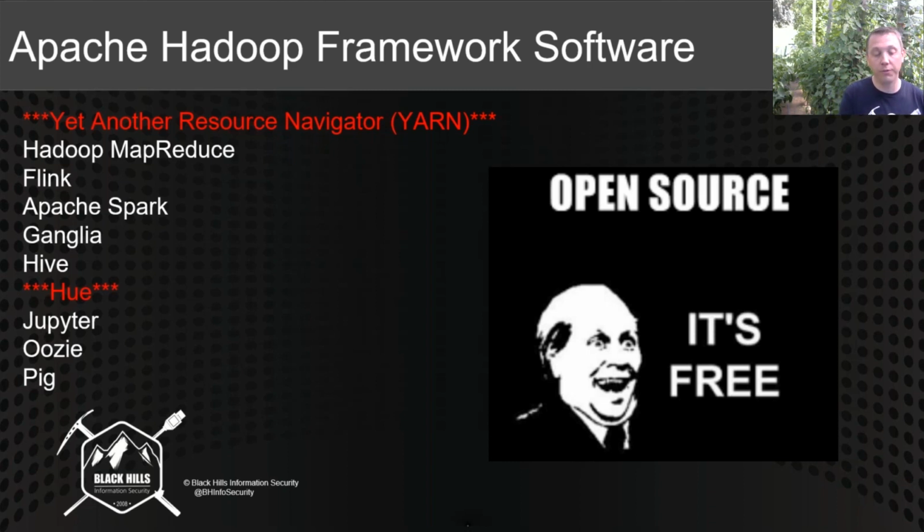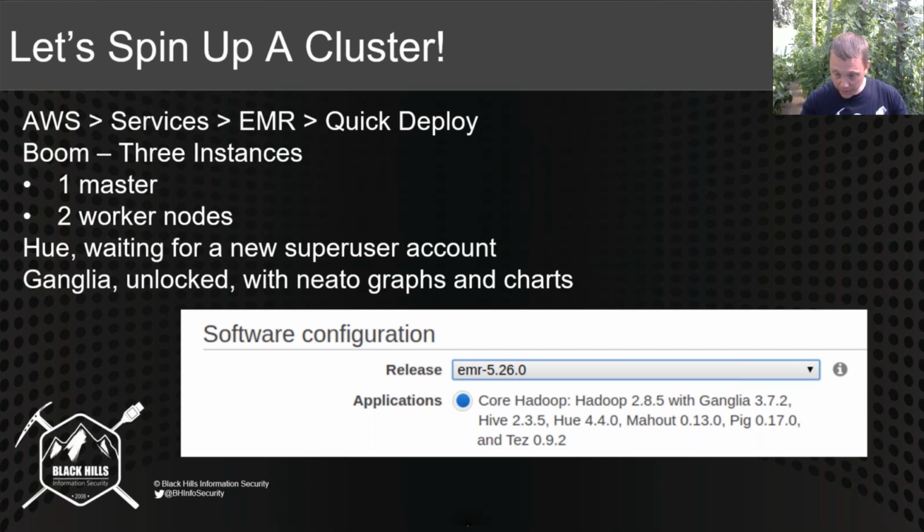You don't have to go through Ganglia prereq installations or Oozie installation stuff. You click a button, which we will do very soon, and it all comes up beautifully. And then we can break that stuff, unless you are deploying it with AWS, which has some amazing options for securing these features at this point.